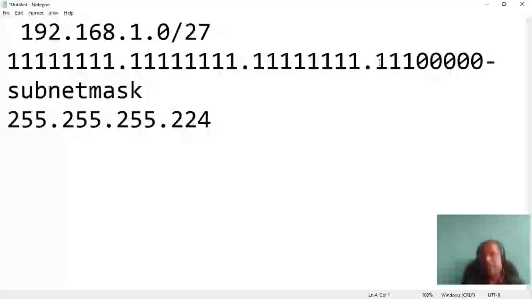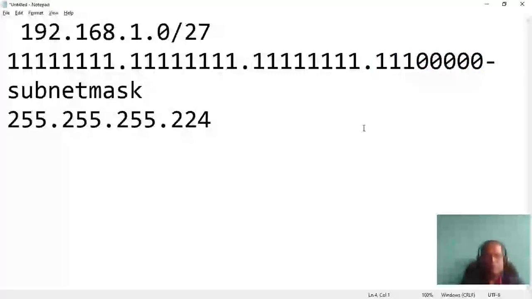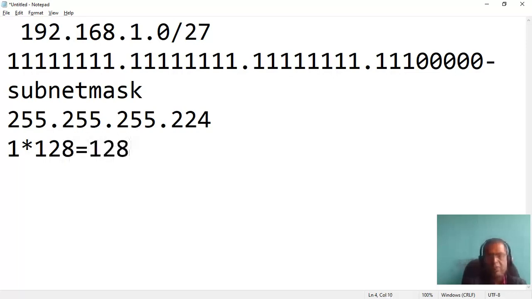Let us see the numeric value of 111 followed by 5 zeros. 1 times 128 equals 128.